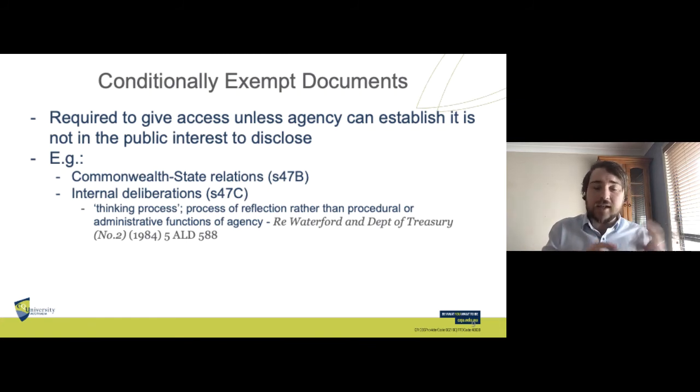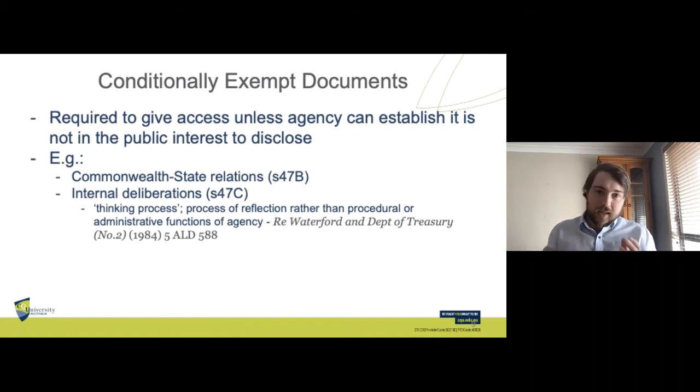So, for example, internal deliberations, the class of documents that I talked about earlier, that frank and fearless advice that public servants should be giving to ministers and elected officials. On the one hand, it is really useful to the public to find out how a decision is made or why it was made in a particular way, what the minister was told before they made a particular decision or developed a policy.